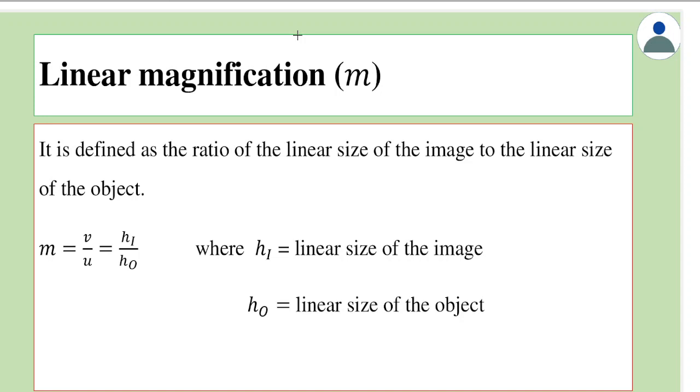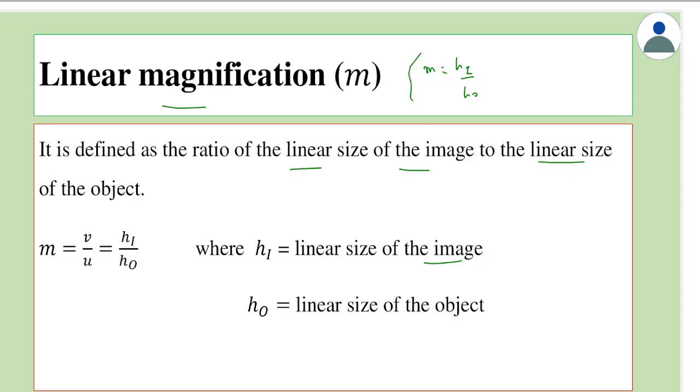The next topic is called linear magnification. We have studied this topic earlier also, and just to recap it, linear magnification is defined as the ratio of linear size of the image to linear size of the object. It is given as hi by ho, where hi indicates linear size of the image and ho indicates linear size of the object.